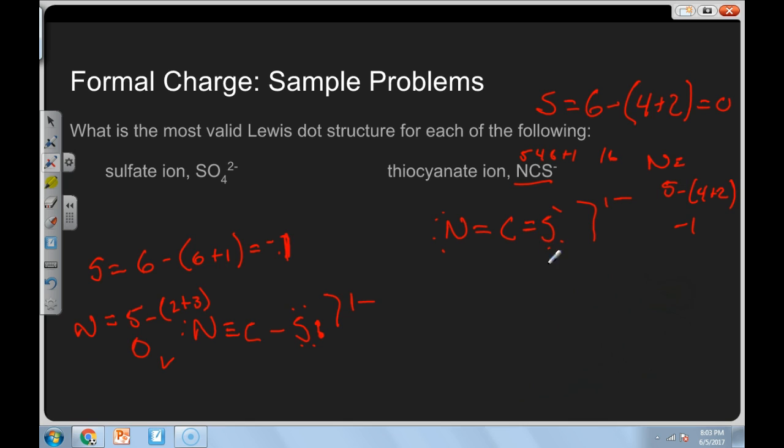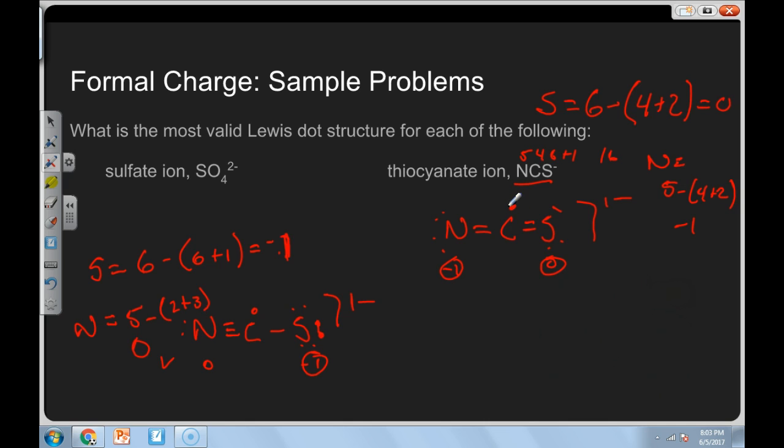So the difference is this has a formal charge of 0 and this has a formal charge of -1. Here, this has a formal charge of -1 and this has a formal charge of 0. The carbon is going to be the same because it has 4 bonds in both, so the formal charge of carbon in this case is going to be 0 in both.